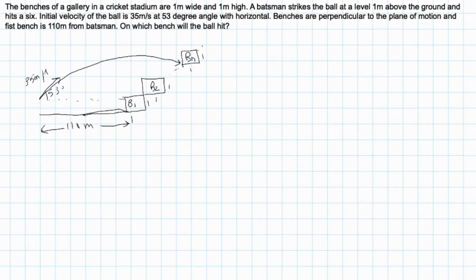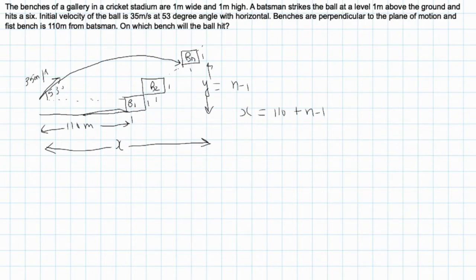So what we can say is that this height y will be equal to n minus 1. Why n minus 1? Because there are n boxes, so height is n, and we are excluding one box, so it has to be n minus 1. And what about this x? This is the x, and x has to be 110 plus n minus 1.